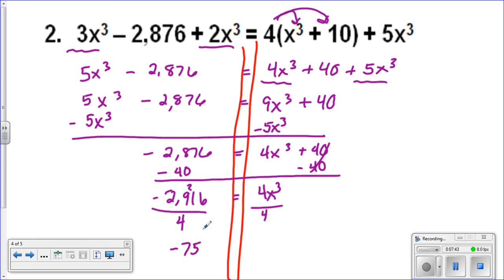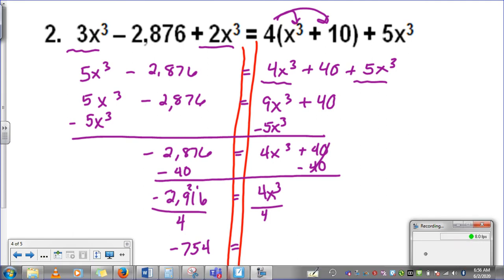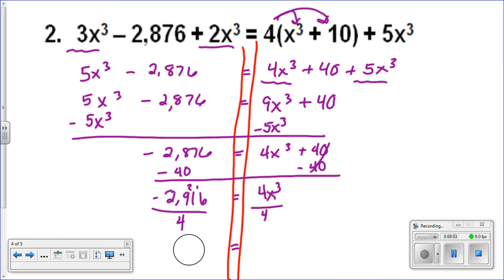That would be 20 with 1 left over. 4 goes into 16 4 times. Okay, and something doesn't look right. It looks like I made a mistake here. So let's fix this. I see exactly my mistake. So let's erase this and let me try this one more time.